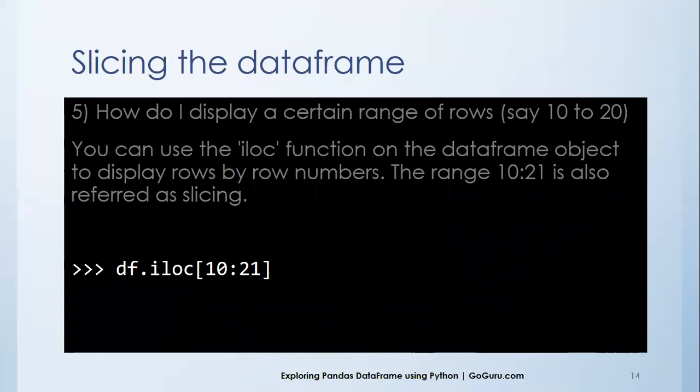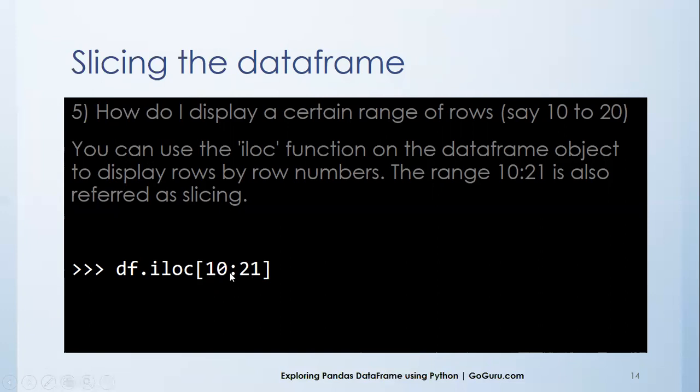And then the fifth one is, how do I display a certain range of rows? Instead of displaying the top 10 or top 20, how do you say, give me the records from 10 through 20? You have a command for it where, on df, you can invoke .iloc and give integer rows, a range of rows, where the one before the colon says the starting range and the one after the colon gives you the ending range.